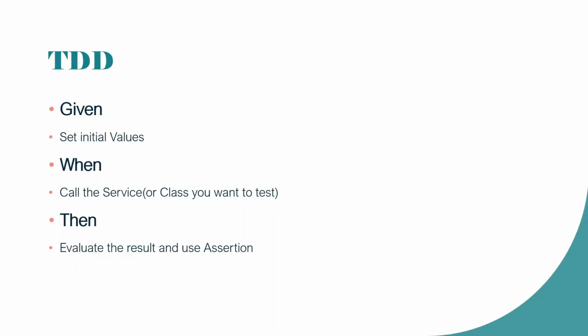So you'll have a Given statement, and then we are going to set initial values in the unit test. And then when we put the When statement, we are going to call the service or the class that we want to test. When we have the Then statement, we are going to take the results of the unit test and evaluate them using assertions.